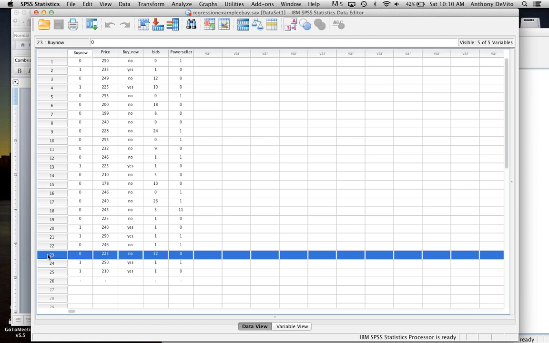Maybe we'll go back and take a look at what happened during the bidding there. If you've been on eBay, maybe one guy kept adding $1 to his bid or something like that, and maybe I might have a reason for believing that that is not representative of what the real relationship is, and I might want to eliminate that from my data set.